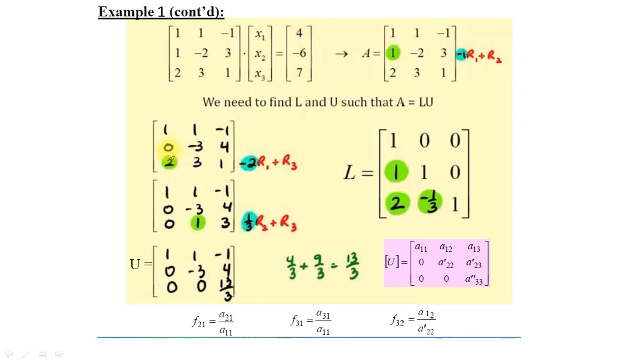Now to make this number 0, multiplying the first row by 2 and then subtracting the result from R3, we obtain the new equivalent matrix 1 1 minus 1, 0 minus 3 4, and 0 1 3.